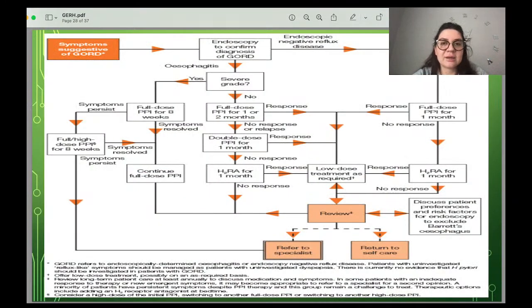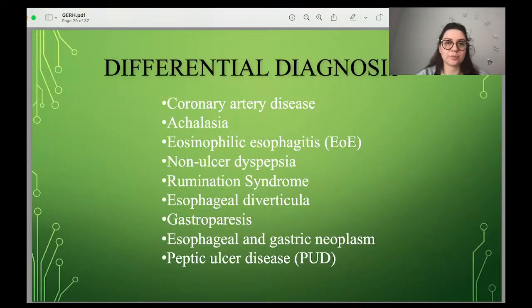And this scheme is a little more detailed for the medical and surgical ways of treatment according to symptoms and results of investigation. What strategy of treatment? Is it surgical? Is it pharmacological? And what pharmacological ways we can use for patients depending on their clinical picture.